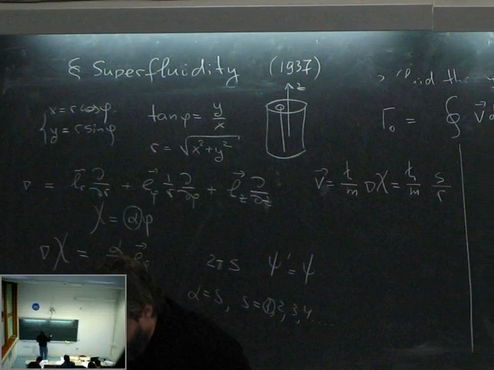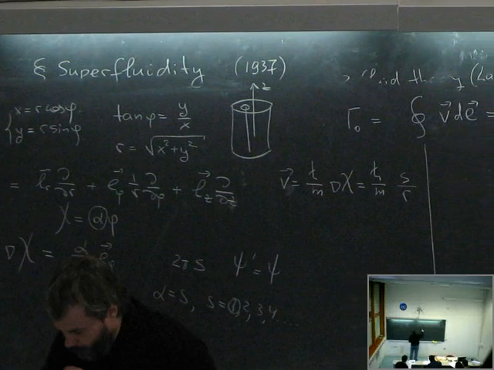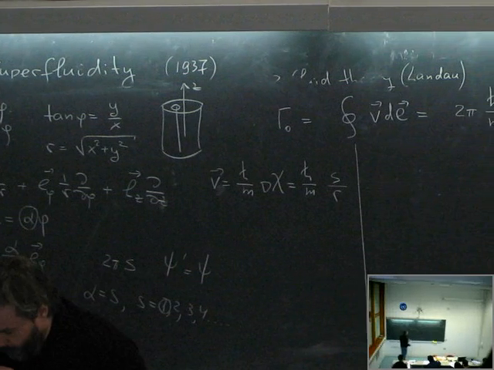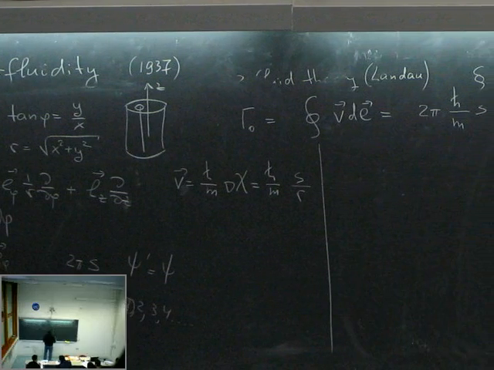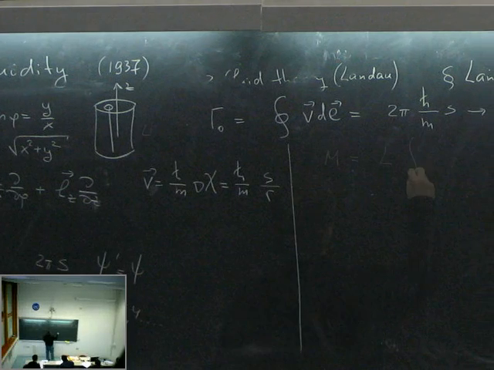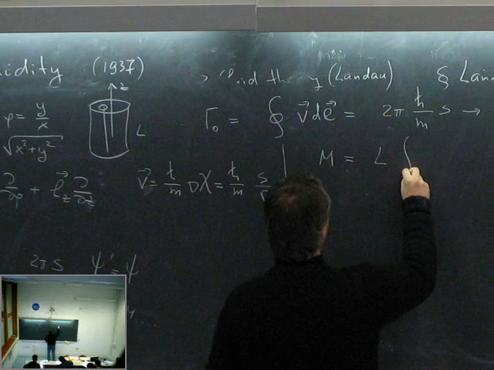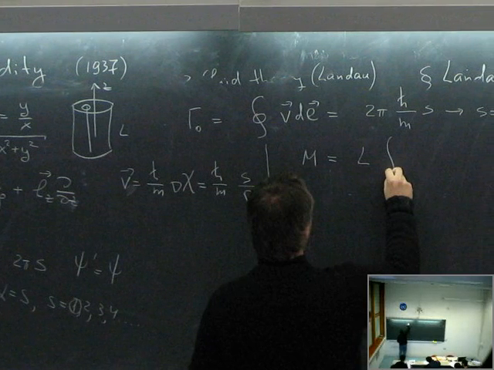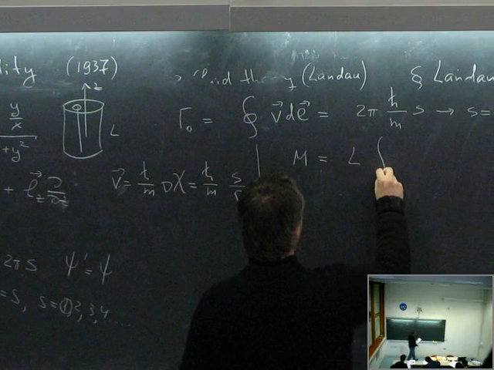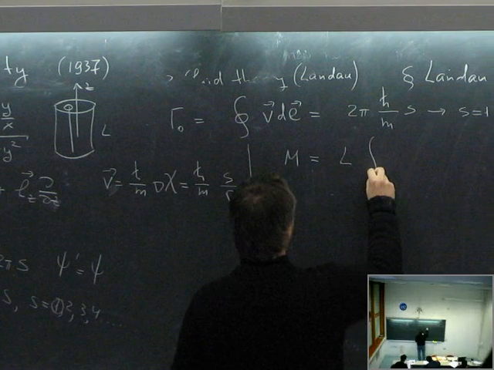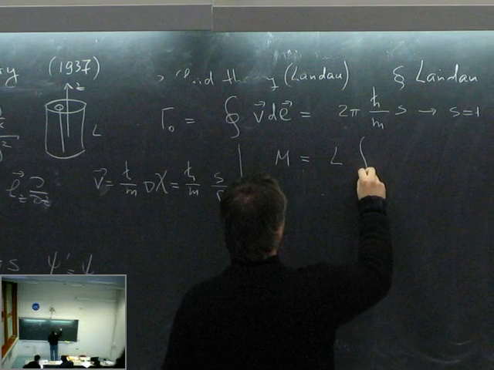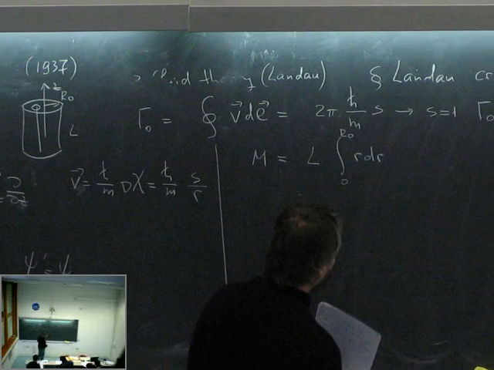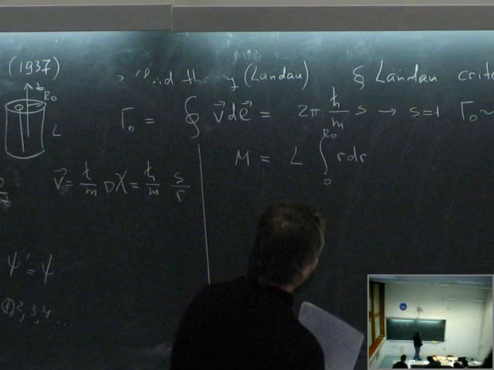Okay, the momentum of the vortex is equal to: you take a cylinder or reservoir of height L, so it's L times the integral from 0 to R node, where R node is the radius of the reservoir. Here we have r dr, which comes from the Jacobian in a cylindrical system.